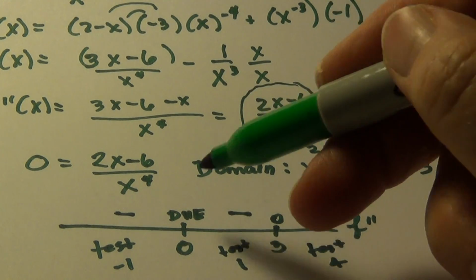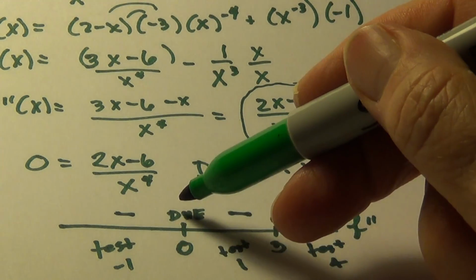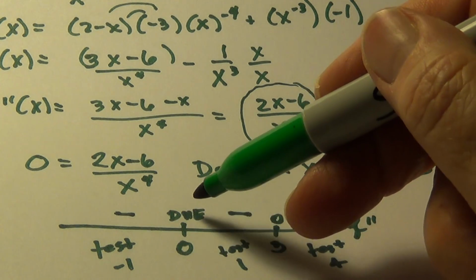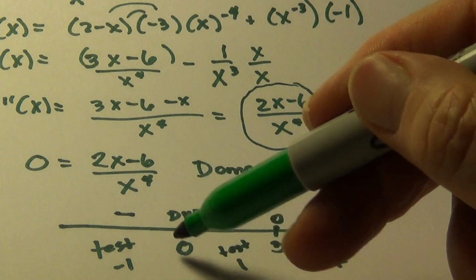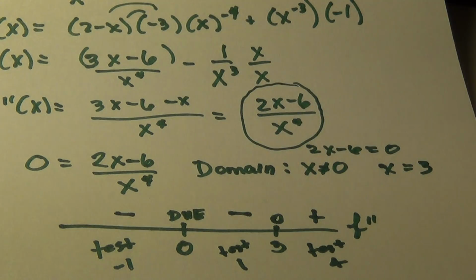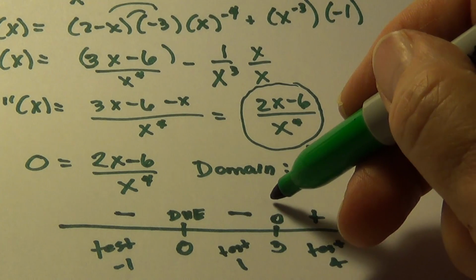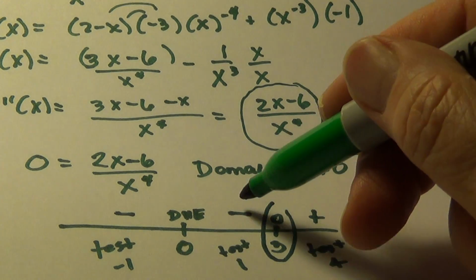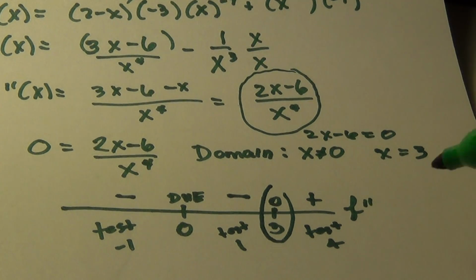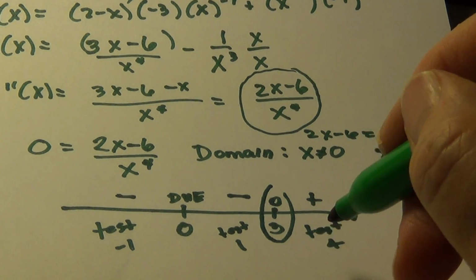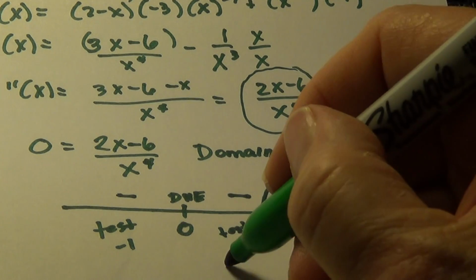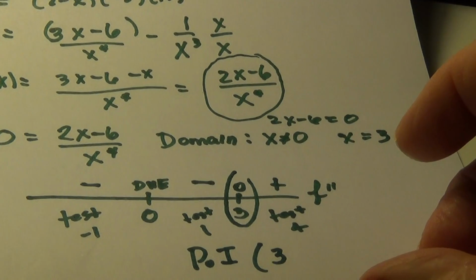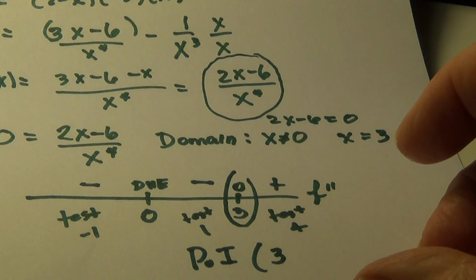So therefore, there's not going to be a point of inflection at 0 because the second derivative doesn't even exist there, or the graph. There's an asymptote there. But notice here the concavity does change at x equals 3 from negative to positive. So we found a point of inflection, the point where the concavity changes.